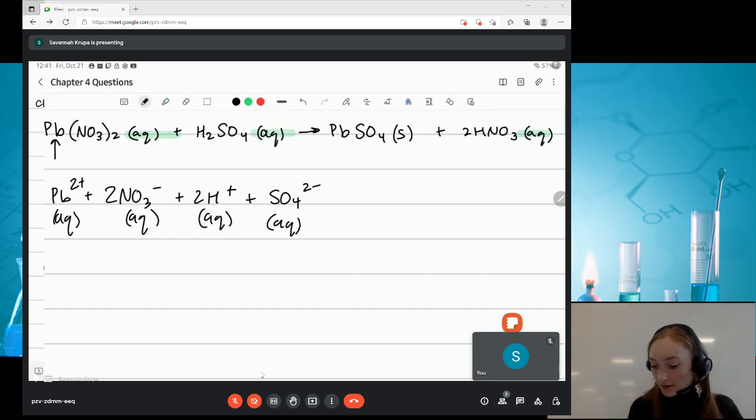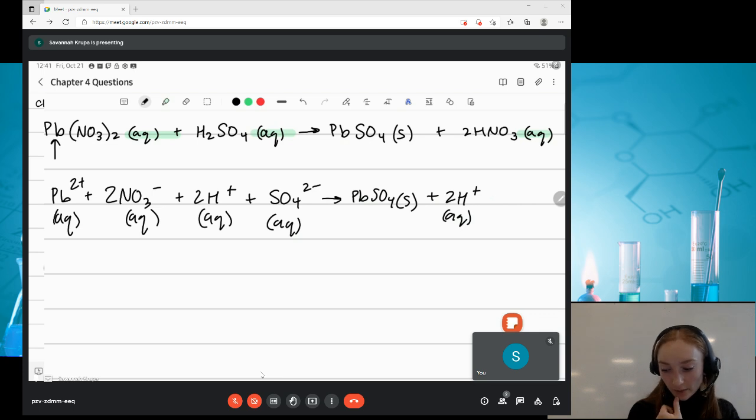So that's what that looks like on the left side of the reaction. And so on the right side, we have still the solid form of lead sulfate, and that stays the same. And then we have aqueous hydrogen nitrate, so we'll have 2H+, and that's aqueous, and then the nitrate has a minus charge, but we have 2 of it, so the 2 is distributed. 2NO3-.